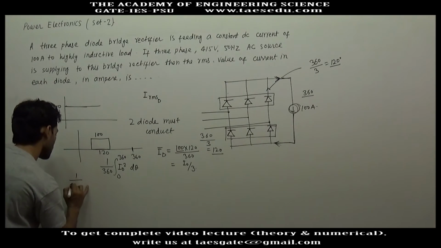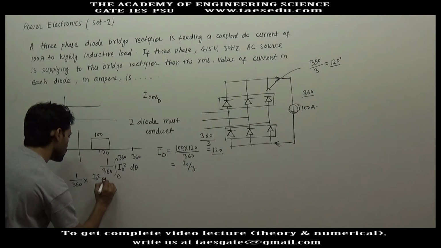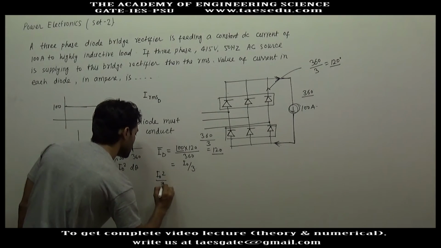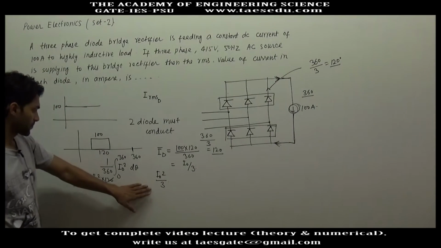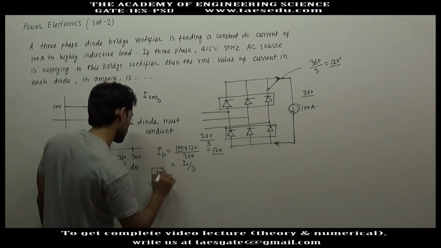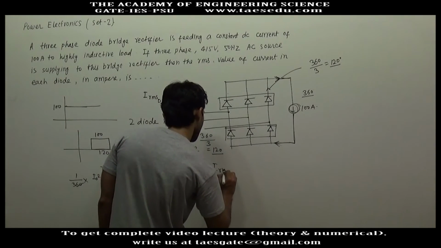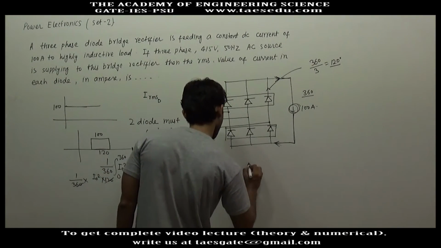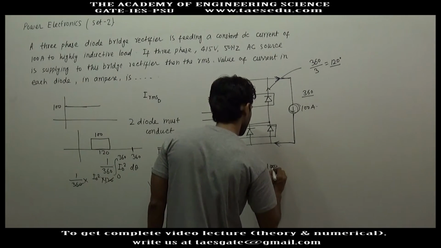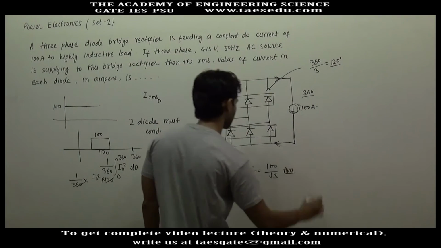This will be 1 by 360 into I naught square into 120. This will be I naught square divided by 3. What is this? This is the mean square value, and if you take the root of this quantity, you will get the root mean square. So IRMS through diode will be I naught divided by root 3. I naught is 100 ampere divided by root 3. So this will be the answer.